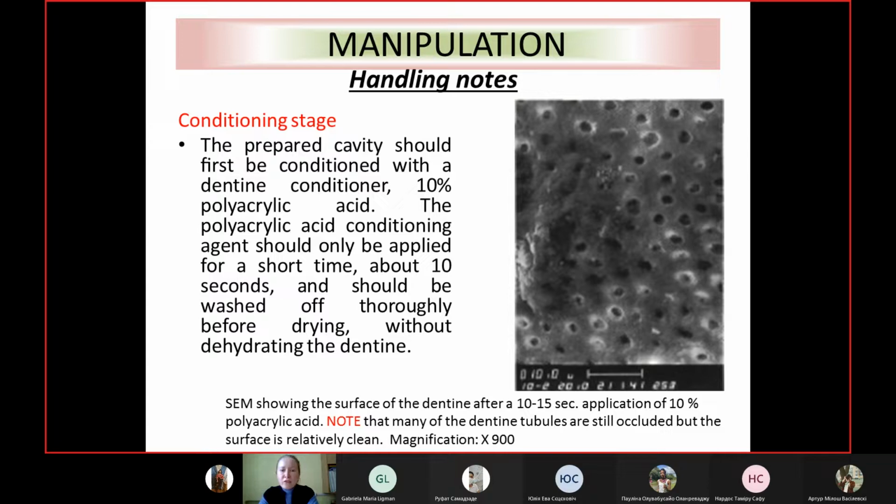It does not actually remove it, but modifies it. You see in the microscopic representation that the dentine tubules are not open as when etched by phosphoric acid for resin composites, but just a little bit opened, as the smear layer is only modified. And some amount of bacteria is removed at the same time.